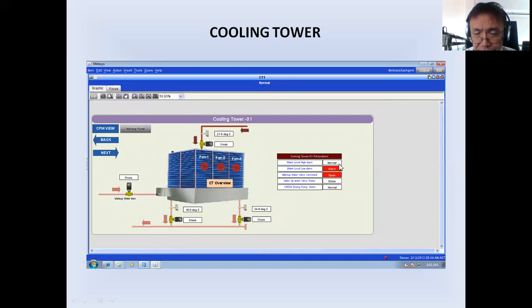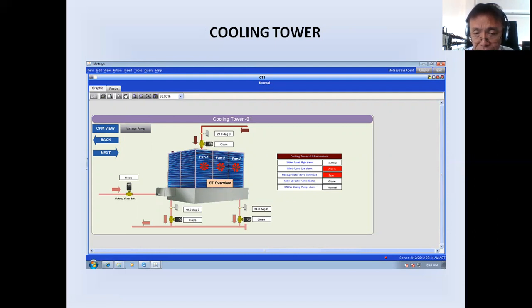Now you have here some monitoring points: water level high alarm. So it will also display if the level of the water in the cooling tower basin is at a high level. Then water level low alarm.